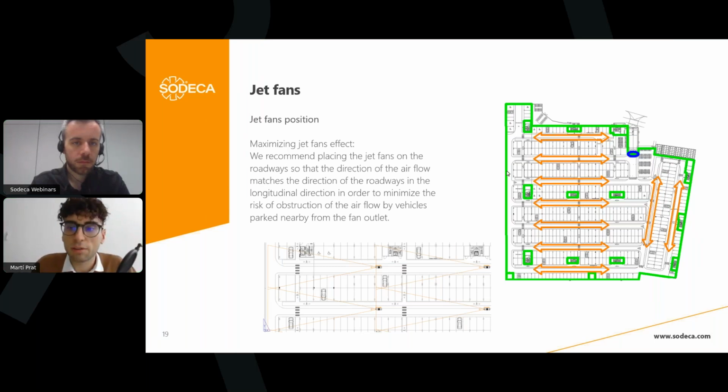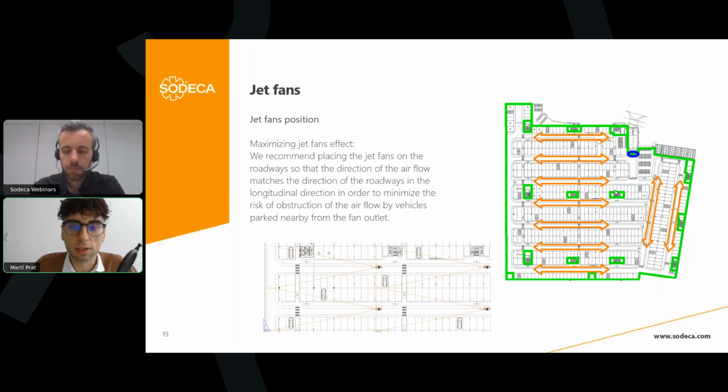If instead we have a reversible system with reversible jet fans, where this supply point is also reversible, so we have reversible fans here, and these fans, instead of supply, act like extraction, we can rather have the supply on the left, the extract on the right, and these jet fans act in reversible mode.